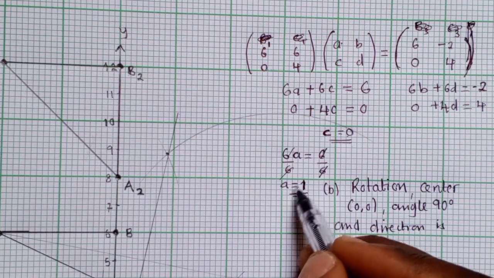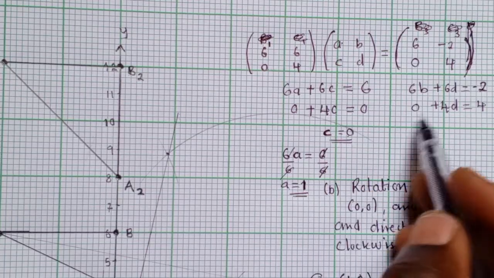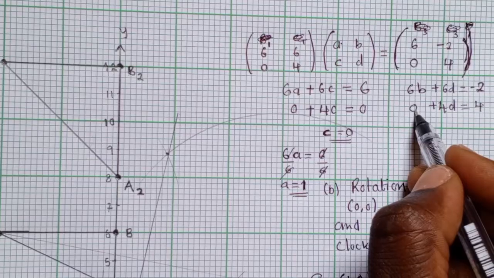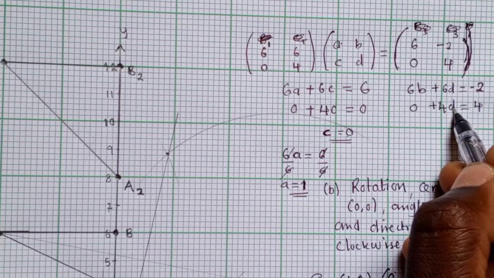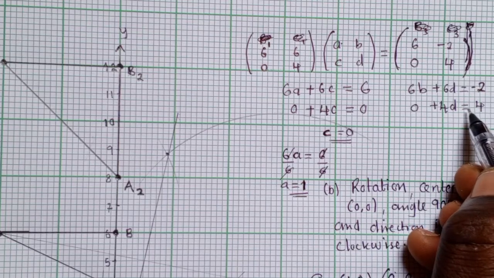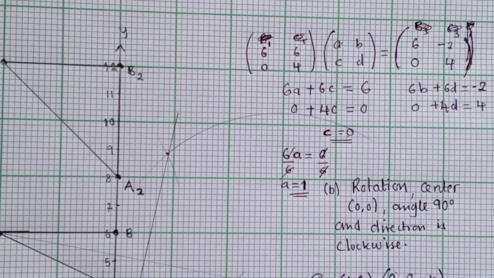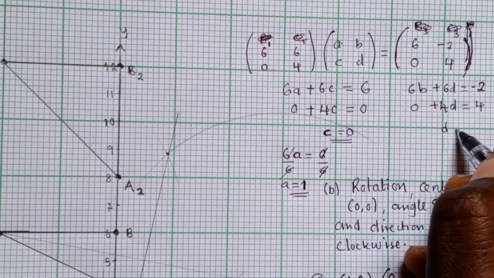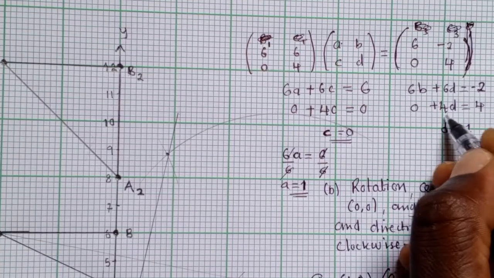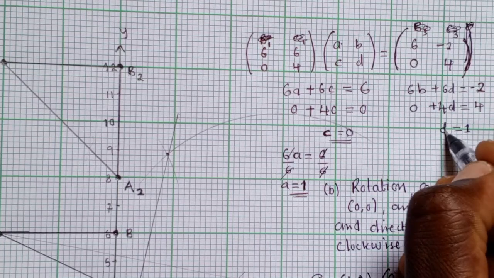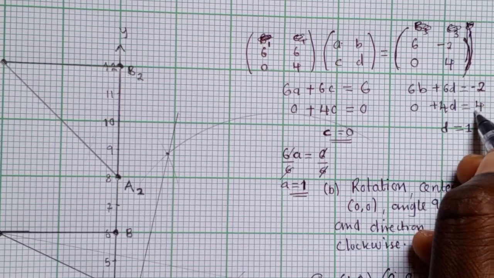We have found A and C. We are remaining with D and B. Also here, since this is 0, we have 4D here. 4D is equal to 4. So when we work out the value of D, it will just give us a 1, because you divide 4 into 4, it's a 1. You remain with a D here, and this side, 4 into 4, it's a 1.